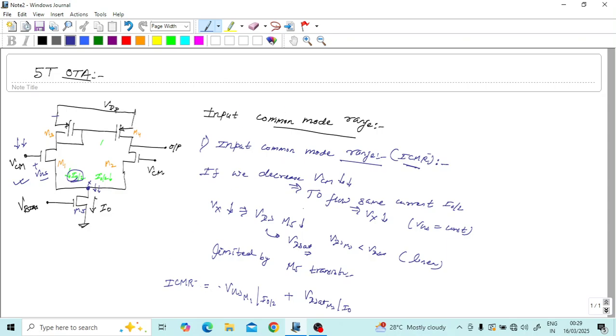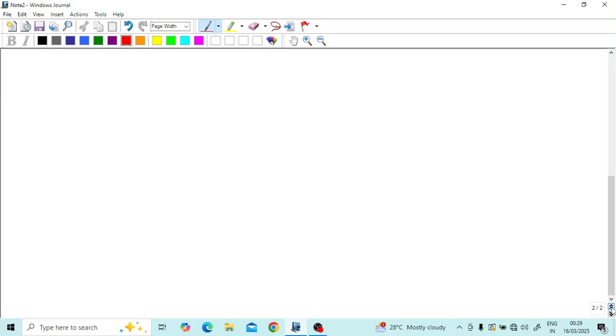This will be our minimum input voltage that we can apply at the gate of the input differential pair. So ICMR minus is VGS of M1 at current I0 by 2 plus Vx minimum, and Vx minimum is nothing but the VDSAT of M5 at I0.